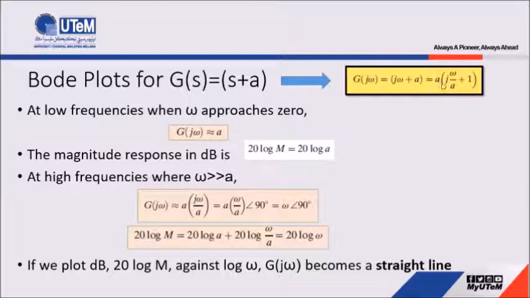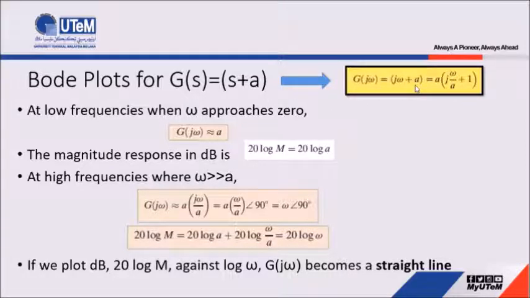So we just put this a outside the bracket, and then multiply all of this by a, so this 1 times a equals 1, and this part times a becomes jω over a. That means this equation is equal to this equation. Why do we have to do it like this? Because we want to identify the cutoff frequency for this system.